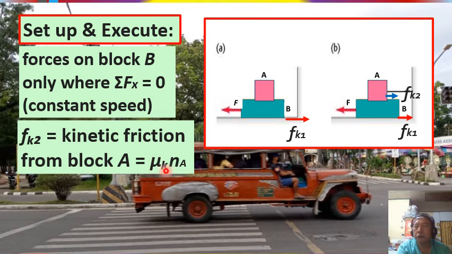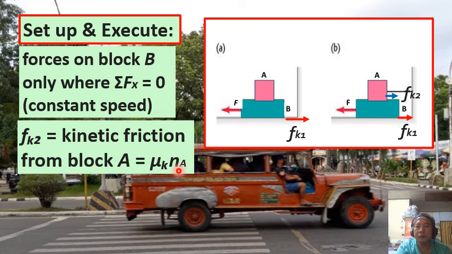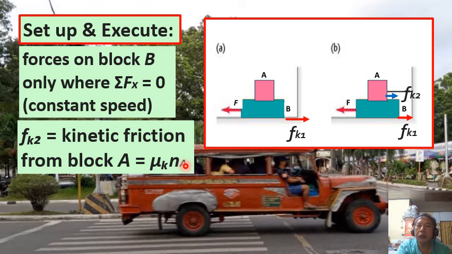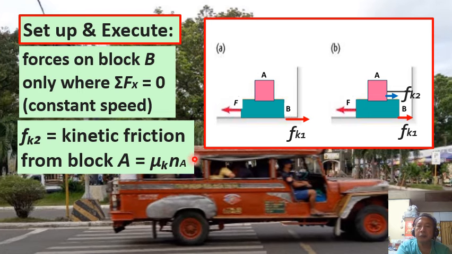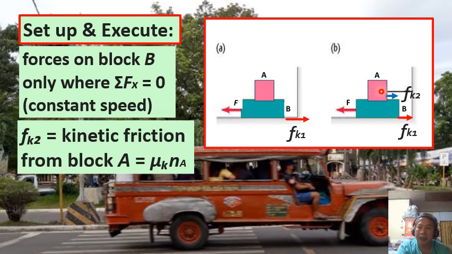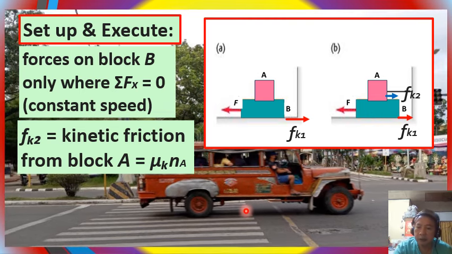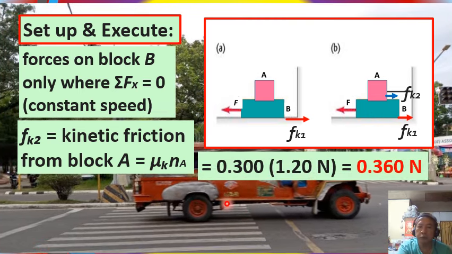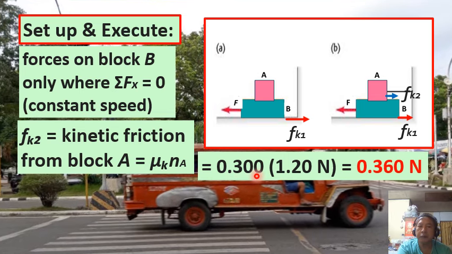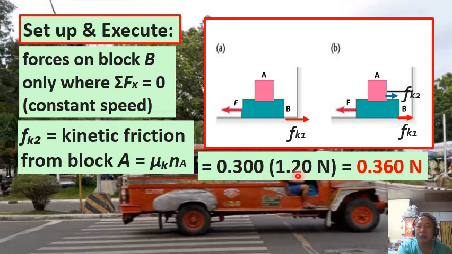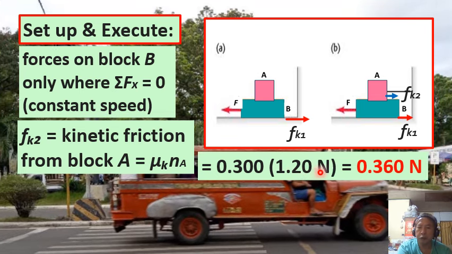So it's equal to the product of the coefficient of kinetic friction and the normal reaction force exerted by block A on block B. That is, F sub k2 is equal to the product of 0.300, the value of mu sub k, and the weight of block A equal to 1.20 newtons.